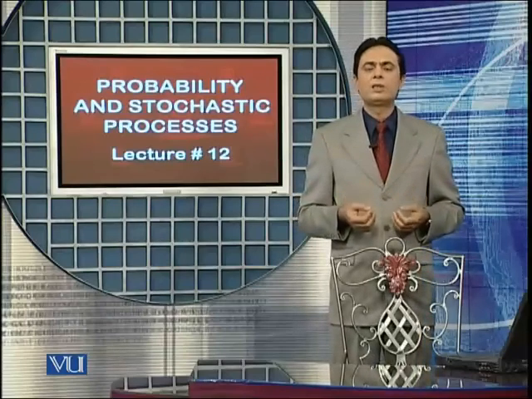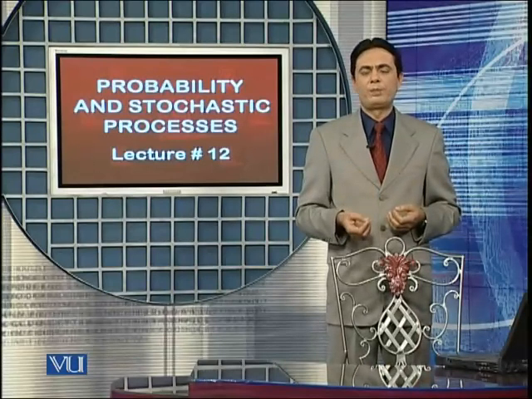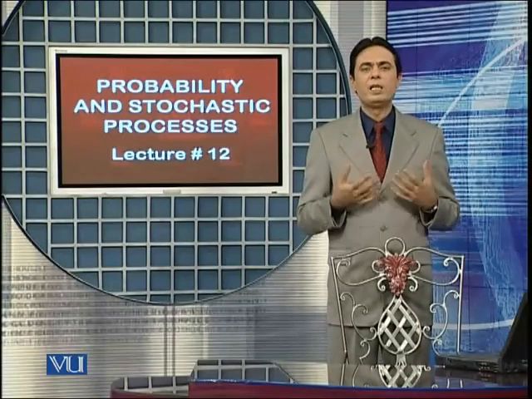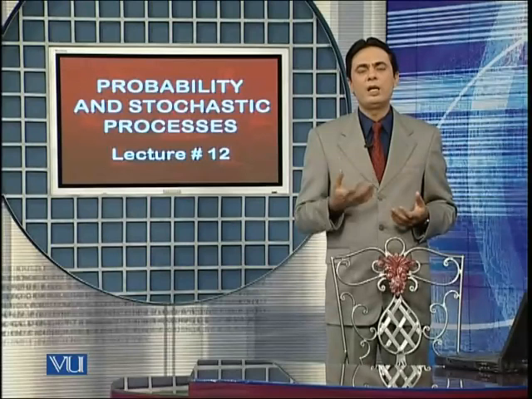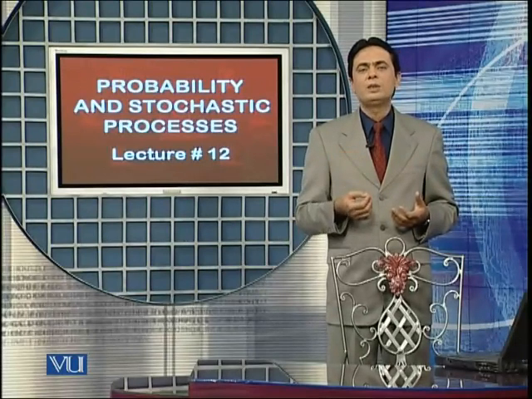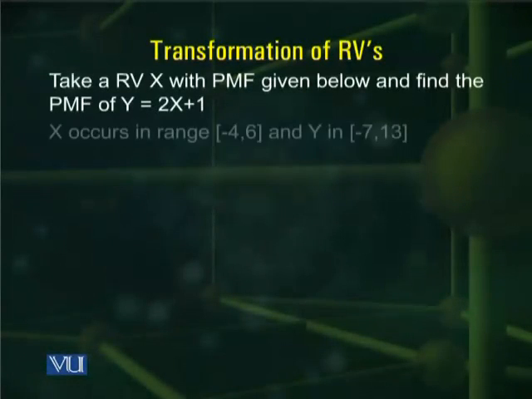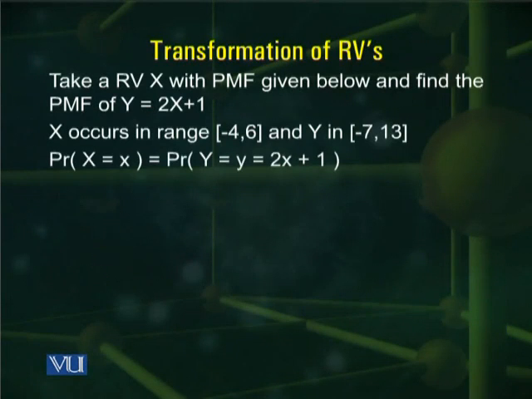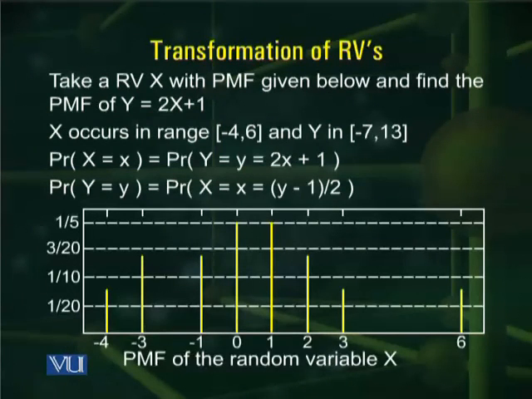Let's extend our discussion of transformation of random variables with an example. We're going to take a random variable x, which is discrete and takes 8 possible values. The 8 possible values and the associated probabilities are drawn in the PMF of x as shown in this slide. Please note that we are not going to talk about the original sample space over which this random variable was defined.